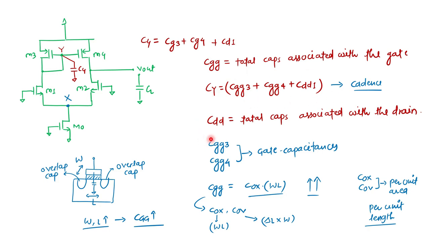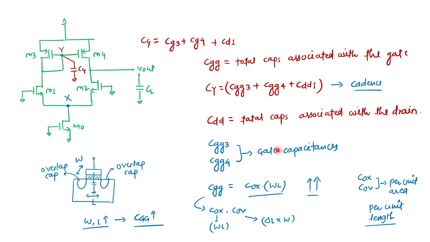Now, why am I worrying about these caps? Because CGG3 and CGG4 are gate capacitances, and the value of these capacitances is much higher than any other node capacitance, like a drain capacitance or source-to-body capacitance. Gate capacitance has a higher value.